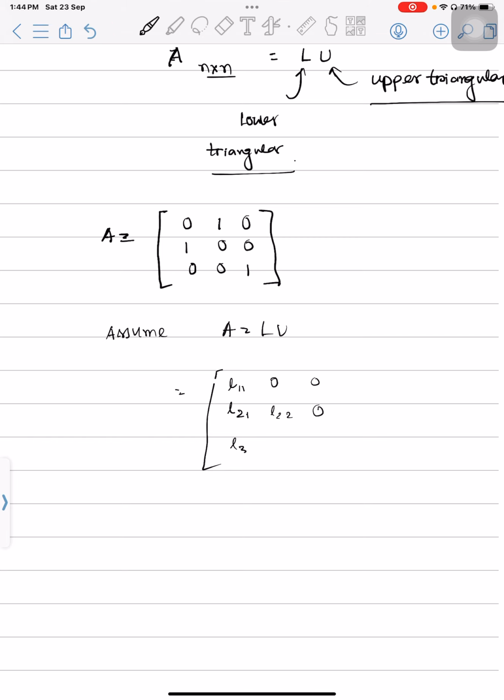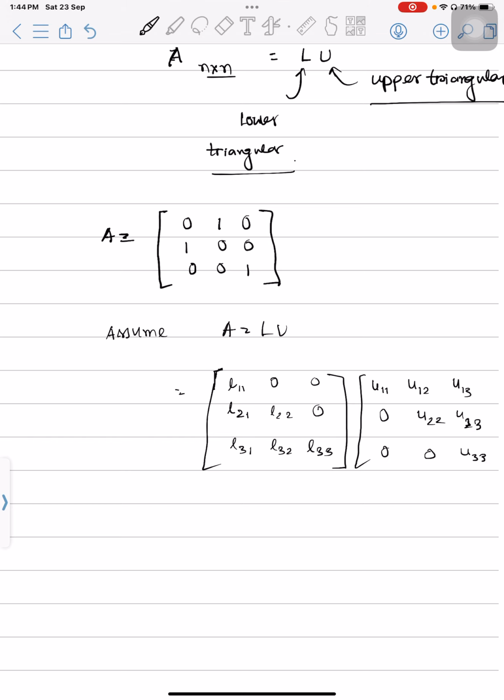And here comes the upper triangular matrix. How will it look? Upper triangular means this element will be 0, right? So this is the way we shall write.